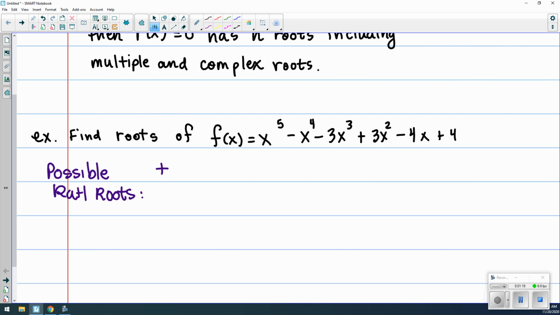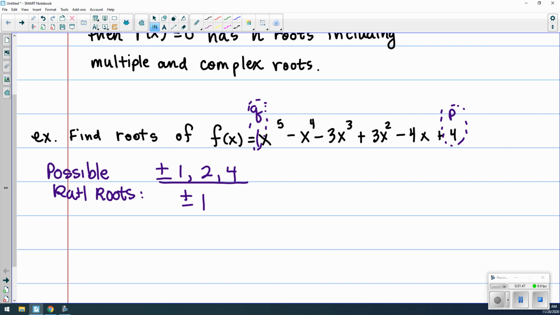The possible rational roots are going to be plus or minus 1, 2, and 4, all of the possible factors of 4, divided by plus or minus 1, all of the factors of the number 1, which in this case is just 1. So our options are positive 1, negative 1, positive 2, negative 2, positive 4, and negative 4.